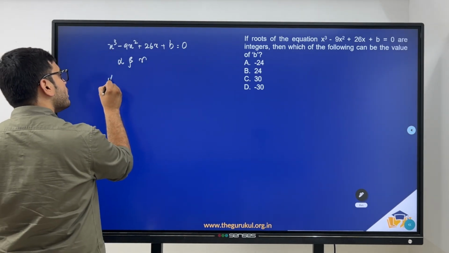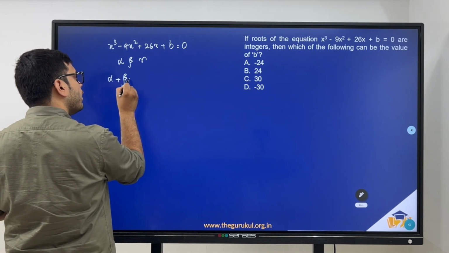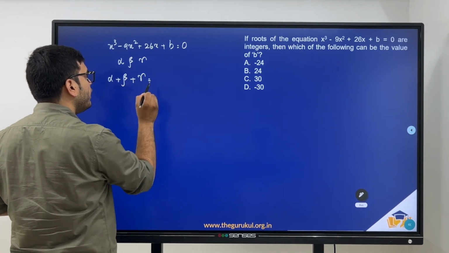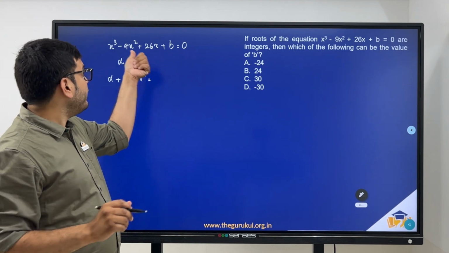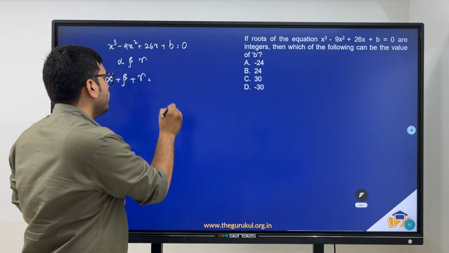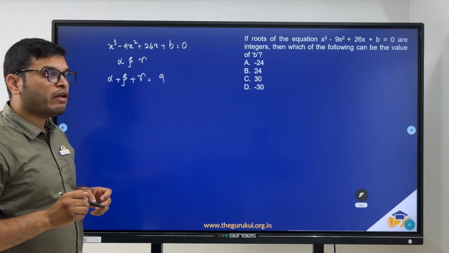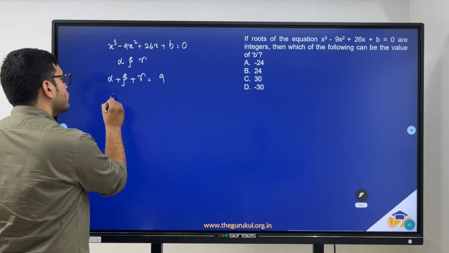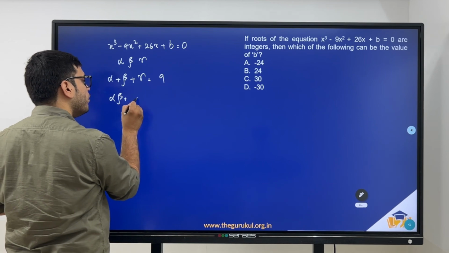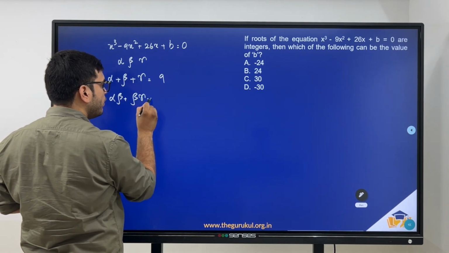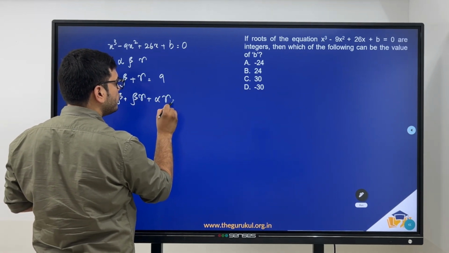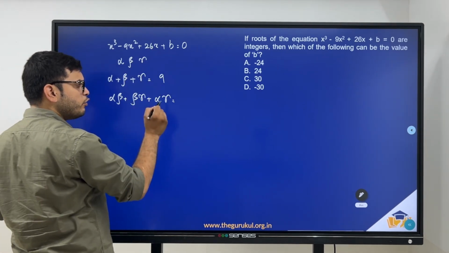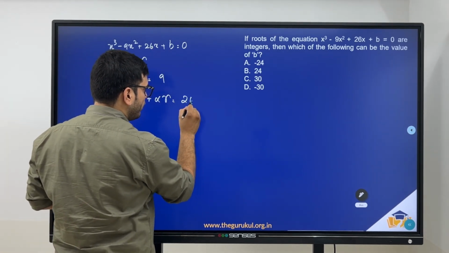So sum of the roots taken one at a time, alpha plus beta plus gamma, should be equal to minus b by a, minus of minus 9 by 1, 9. Now sum of the roots taken two at a time, so alpha beta plus beta gamma plus alpha gamma. Now this should be equal to c by a, 26 by 1, so 26.